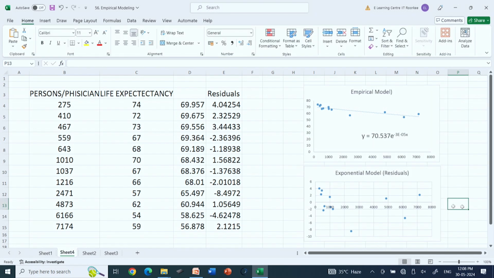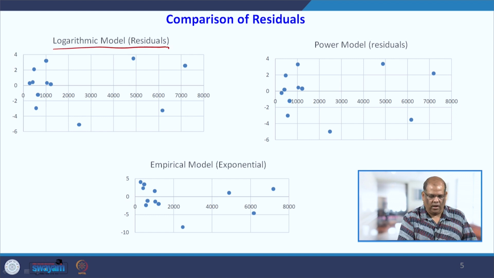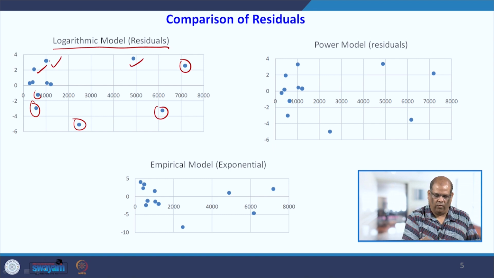Let me now go back to the slides and quickly explain the trends. Let us quickly compare the residuals which we already calculated in our spreadsheet. As explained, in the logarithmic model you can see 1, 2, 3, 4 and 1, 2, 3, 4.